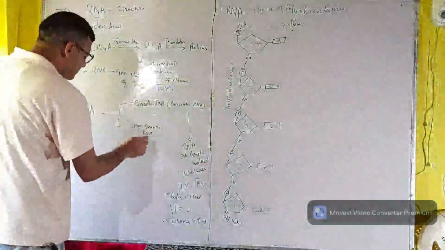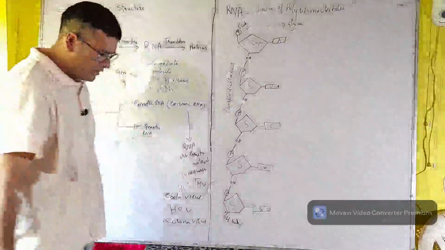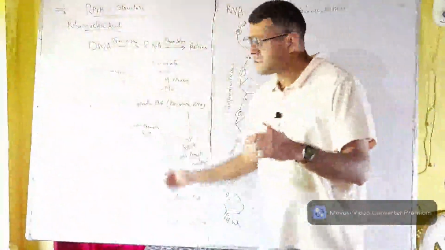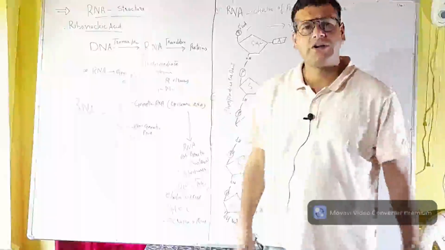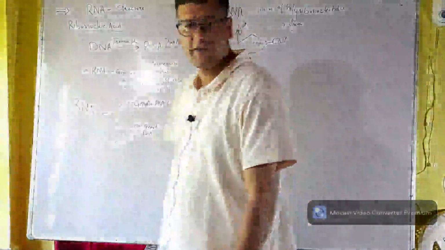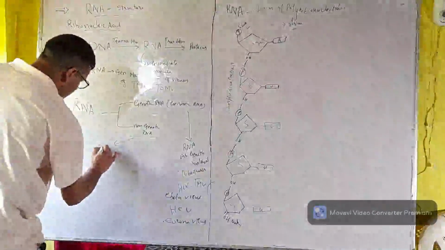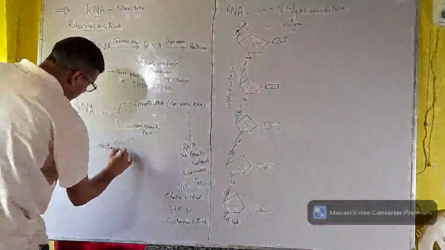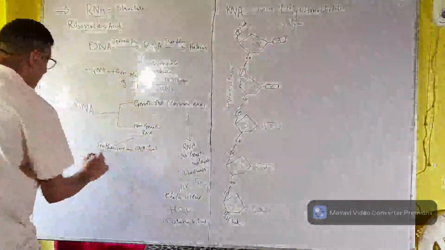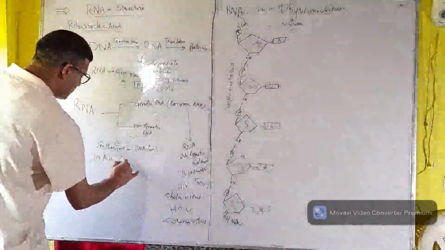Then we have another type, called non-genetic RNA. This type of RNA is synthesized on a DNA template. That means in non-genetic RNA, DNA acts as the genetic material.